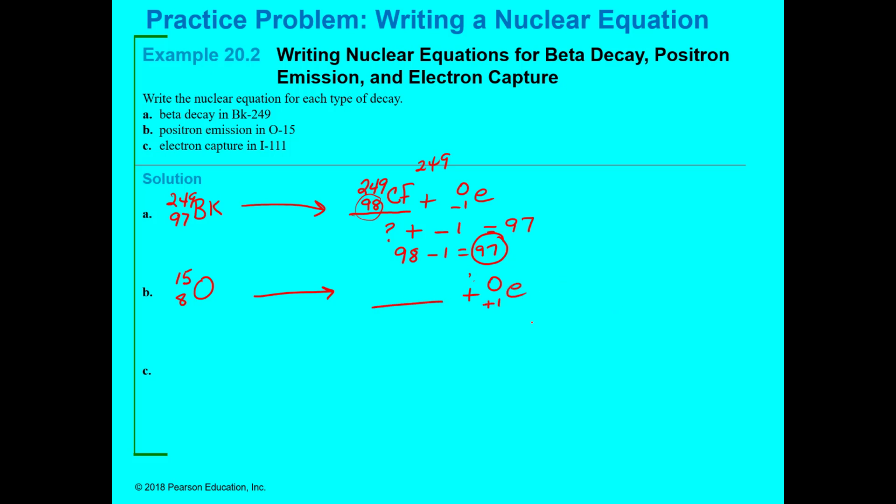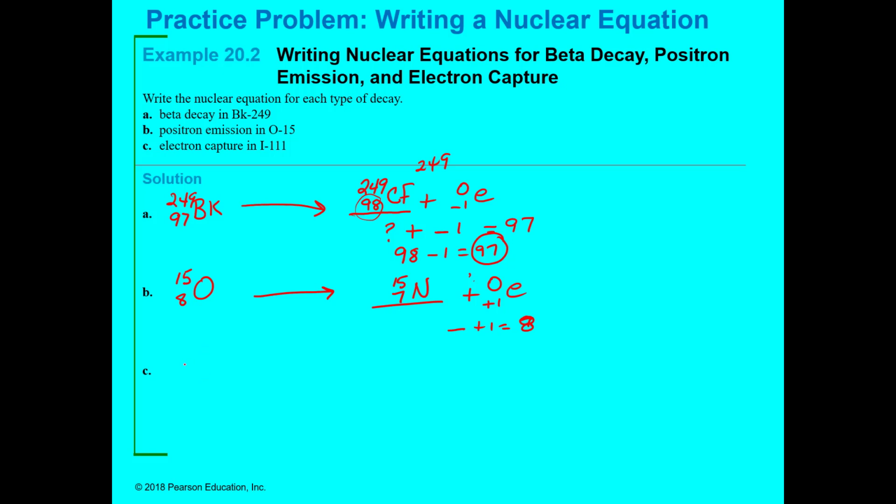And so I've got +1 over here, so I need what plus 1 equals 8. So this is 7. And the 15 stays the same because the top one is a 0. And so we just turned oxygen into nitrogen. It's pretty cool how this works.